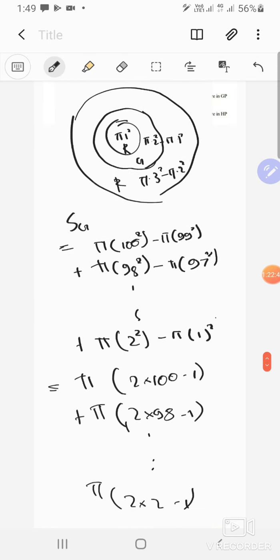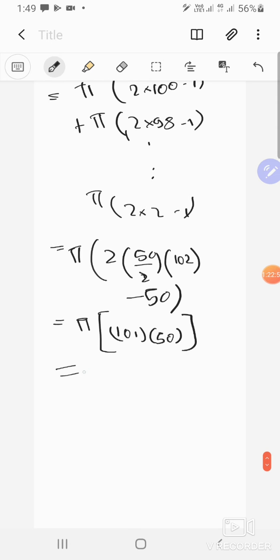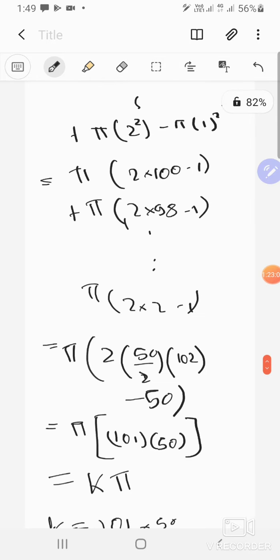It is supposed to be k pi square centimeters. So this is k into pi, so k has to be equal to 101 into 50, which is 5050. Oh wow, why is it like that? Well, I don't know, but that is how it works.